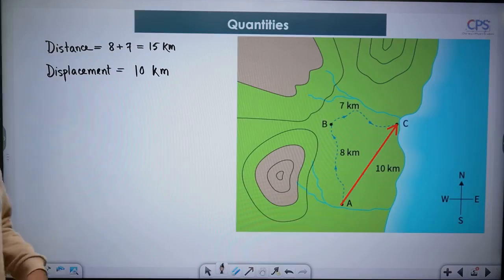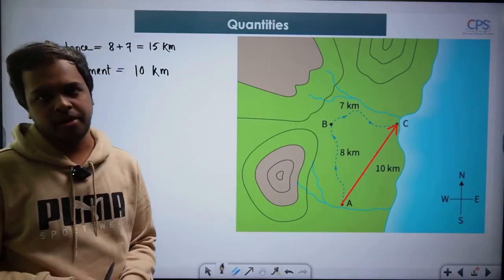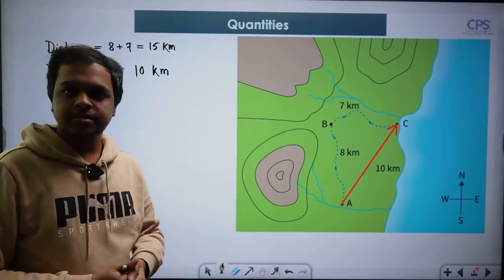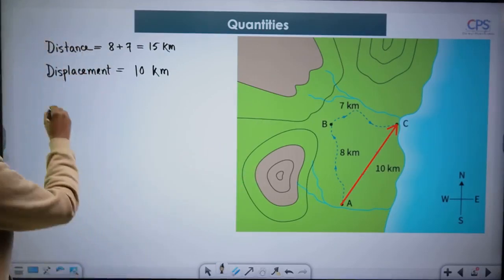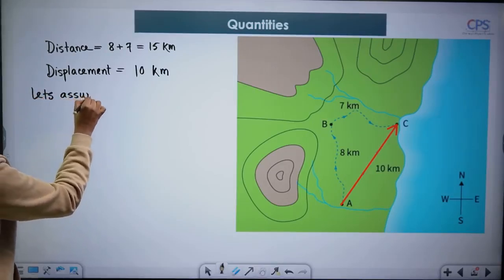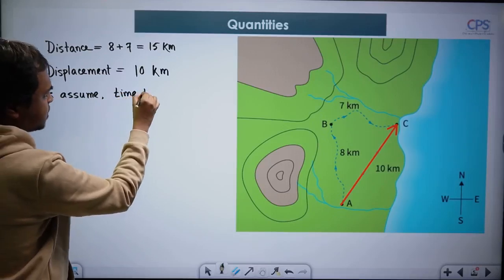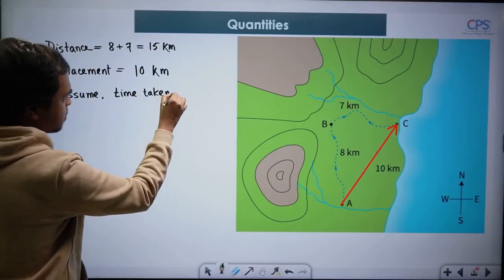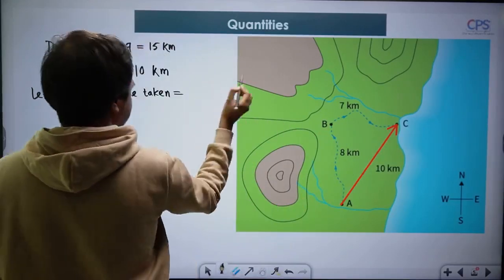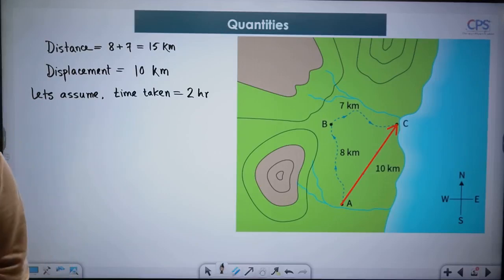Now, what I am about to tell you is that let's play with time right now, okay? Let's associate time in these calculations. Let's assume the time taken for a person to walk from this point to this point is, let's say, 2 hours. I'm just assuming any value right now.